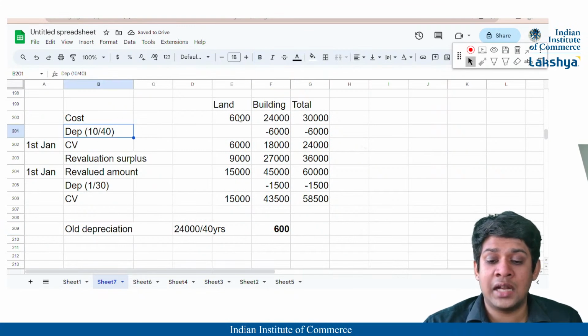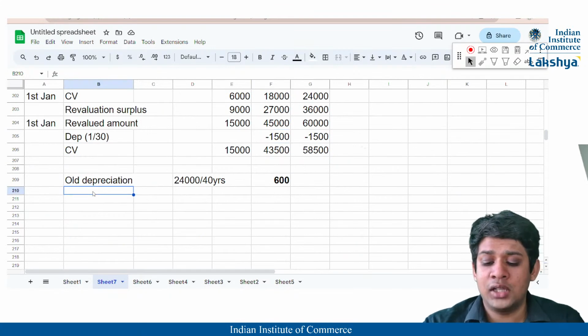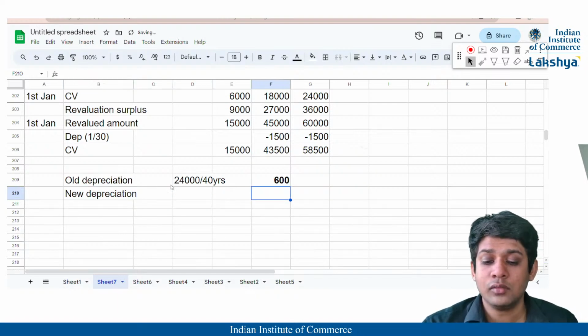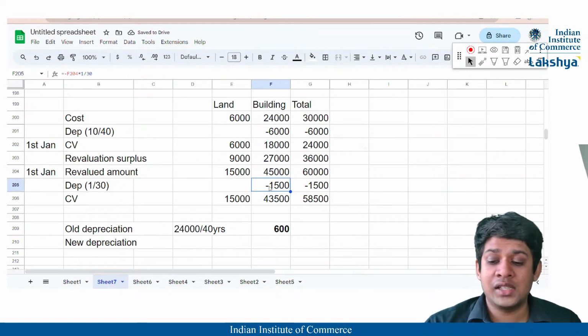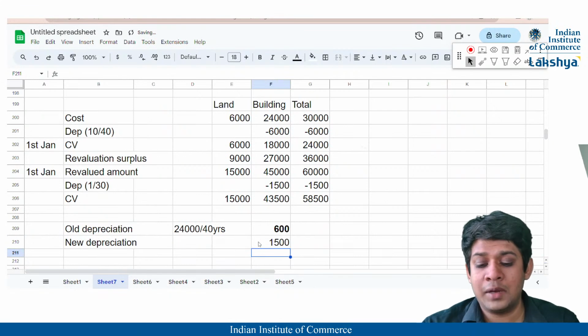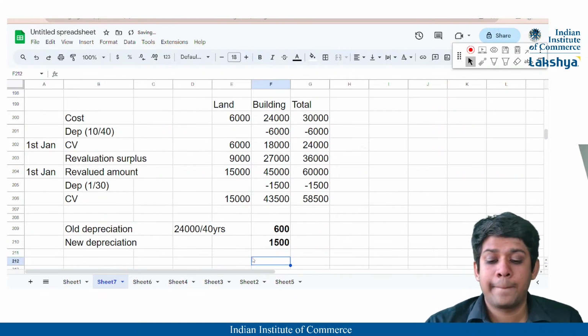Correct? 600 was the depreciation charged. I charged it for 10 years. That is why I have written 6,000 here. Okay. But after the revaluation, the new depreciation is how much? After the revaluation, you can see the depreciation for 1 year that is going to be charged is 1500. Correct? The new depreciation is thus 1500.